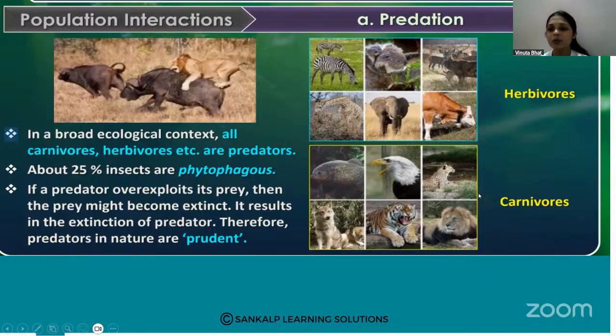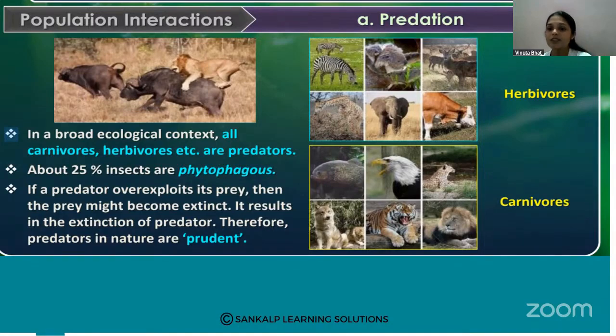Why are these carnivores and herbivores called predators? ಇವುಗಳನ್ನ predator ಅಂತ ಕರೀತಾರೆ. ಯಾಕೆ? Because herbivores feed on plants and carnivores feed on other organisms. For example, herbivores depend on plants and grass, so the prey is the plant.